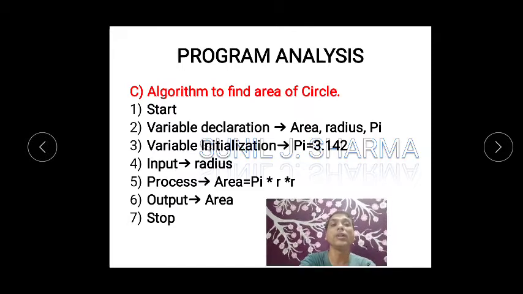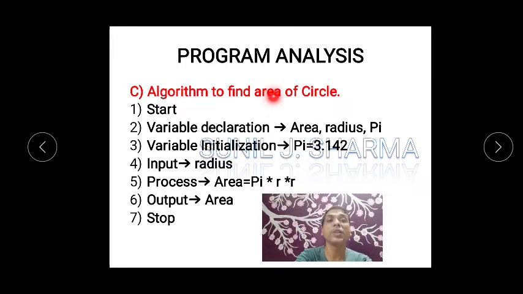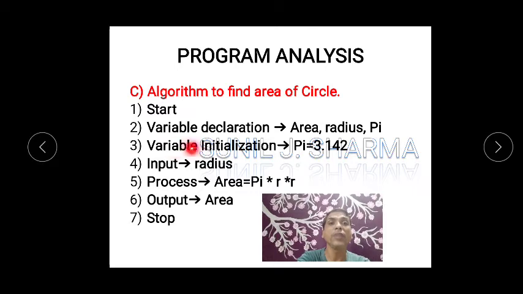Now I have used one more step in the algorithm to find the area of a circle. So: start, variable declaration. Now I am using real world examples like area, radius, pi. Can you see we have included one more step, variable initialization.